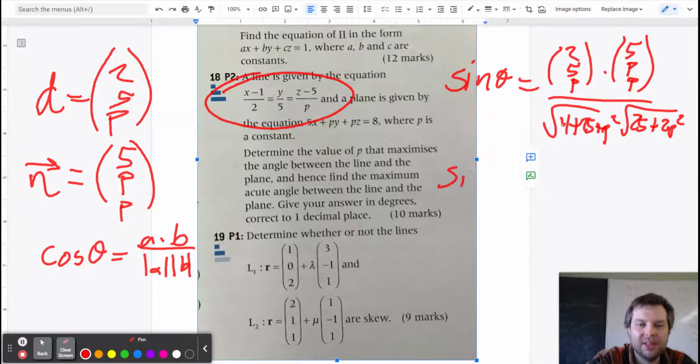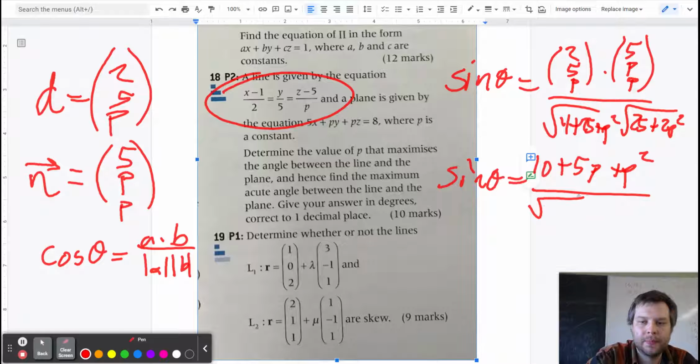And that tells me that sine of theta is equal to 10 plus 5p plus p squared over the square root of 29 plus p squared times the square root of 25 plus 2p squared.